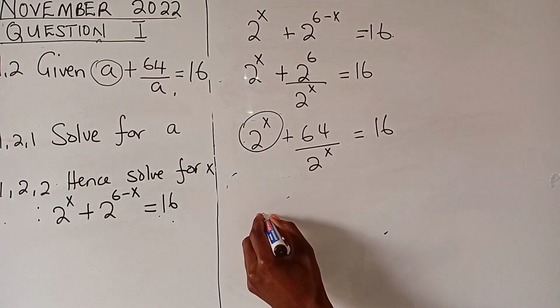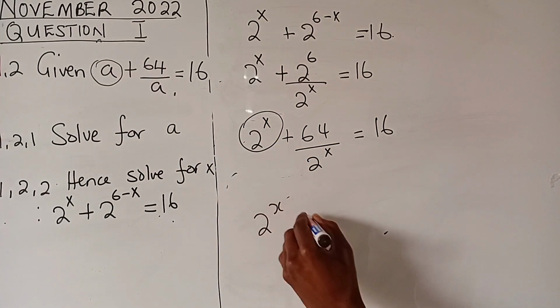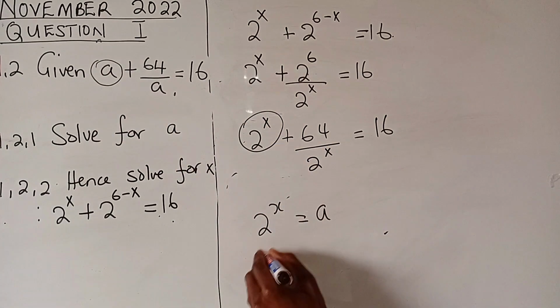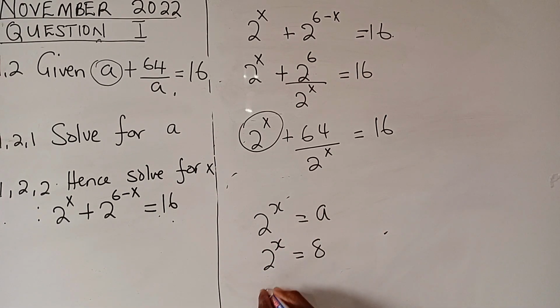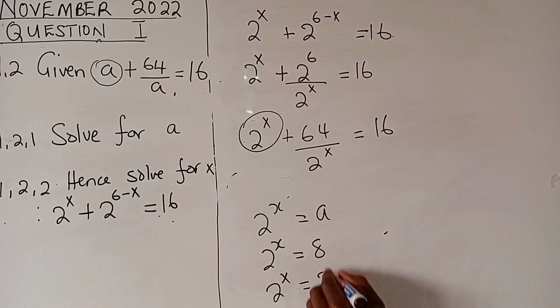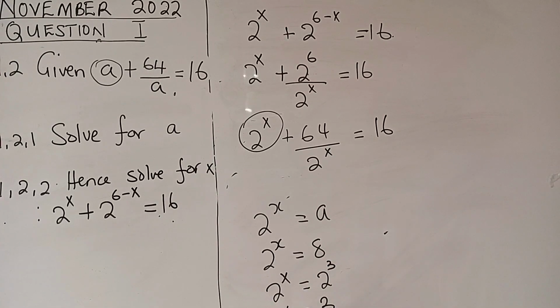So we are just going to say 2 to the power x is equals to a, and 2 to the power x is equals to 8 since a is equals to 8. So it means 2 to the power x is equals to 2 to the power 3, and therefore x is equal to 3. This is our final answer.